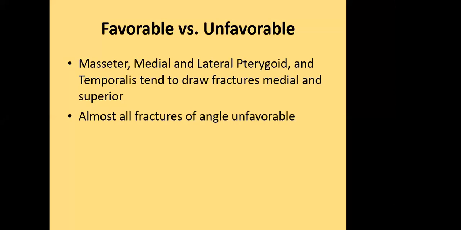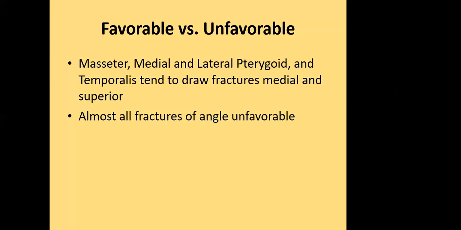Yeah. So for the favorable fractures, if you just ask the patient to close the jaws into the occlusal plane, then the fracture line disappears. So it means a simple wiring will be able to reduce and fix that fracture. But in the event of unfavorable fractures, the fractured end is pulled away.